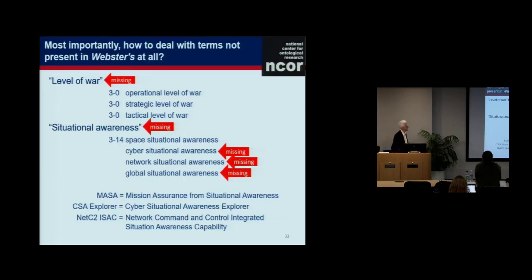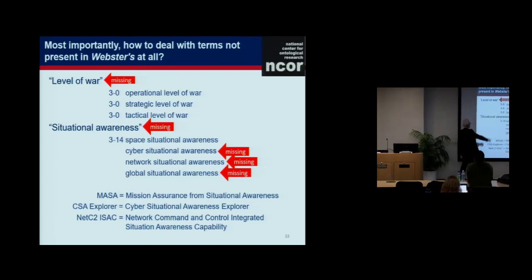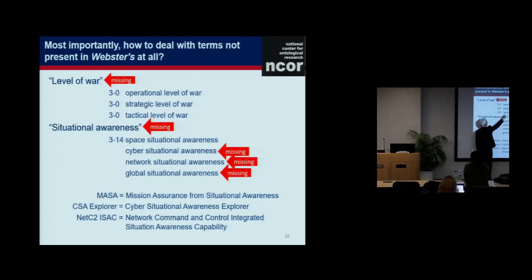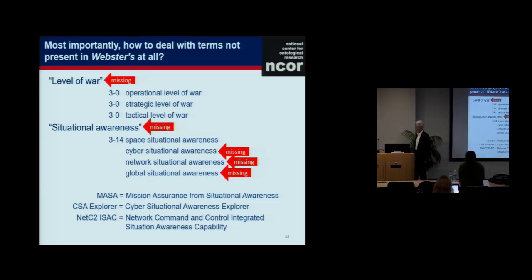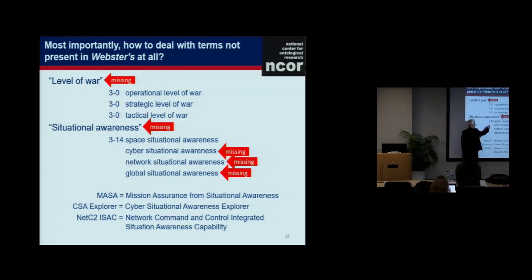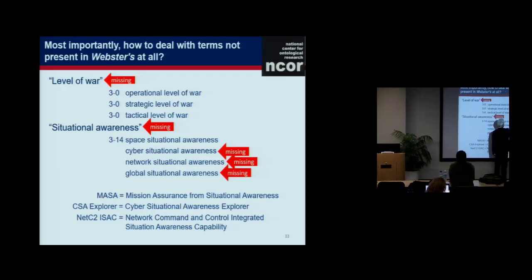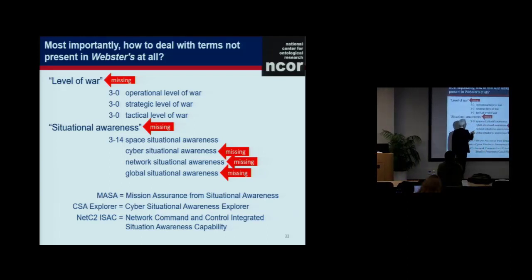So, how do we deal with terms not in Webster's? Well, the term level of war, which means operational, strategic, or tactical, is a term used in the DoD dictionary, but it's not defined. And situational awareness. Space situational awareness is defined. These terms are not defined, and so they're not in the Joint Dictionary.